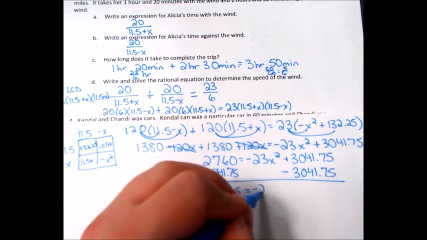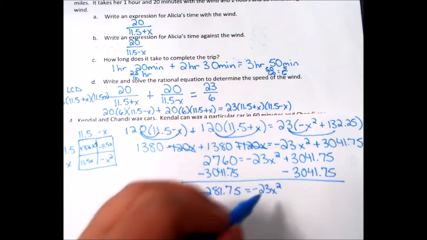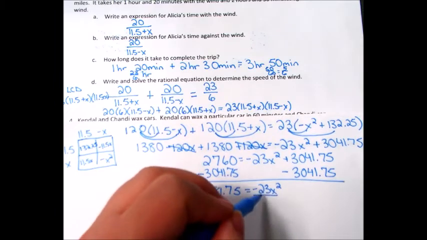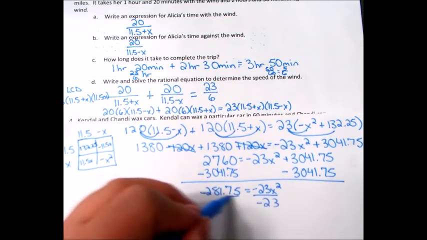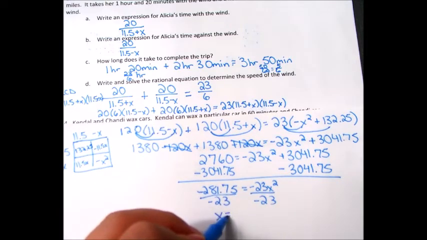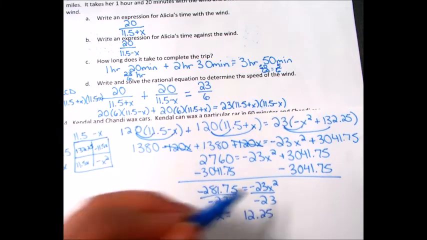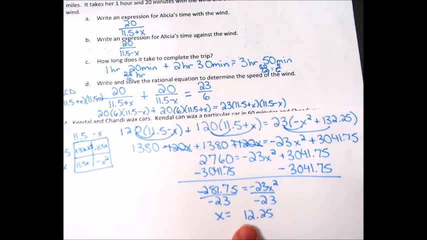Now we're dividing by negative 23. So x squared equals 12.25. Now, since we're talking about speed here, it doesn't really make sense to put a plus or minus in front of this.